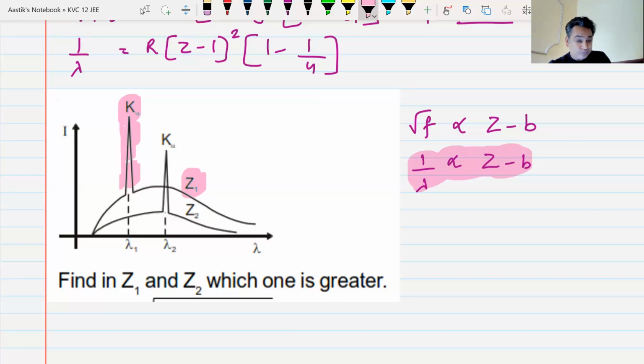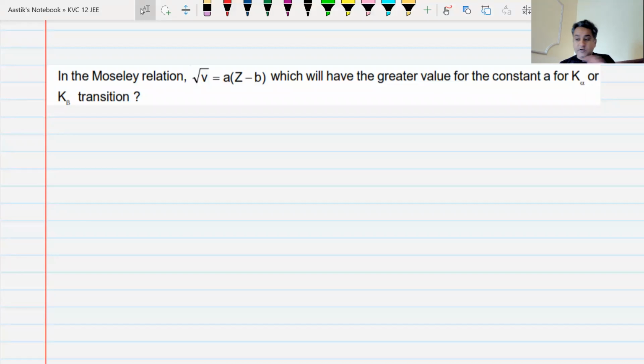So this one: in the Moseley relation, root over frequency is equal to A into Z minus B, which will have greater value of constant A, K alpha or K beta? K alpha or K beta, which will have more value of A? K beta, sir. Why?